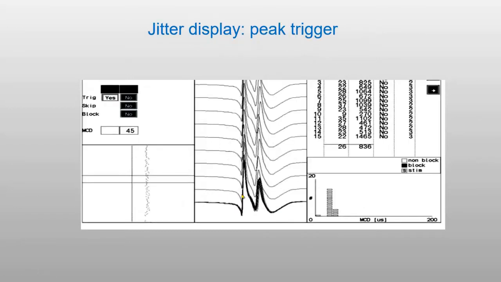This is the peak method, where we have the signals here, and the dots are now running here, and the jitter is displayed on the x-axis. We also superimpose 5 to 15 signals to check the quality of the recording.